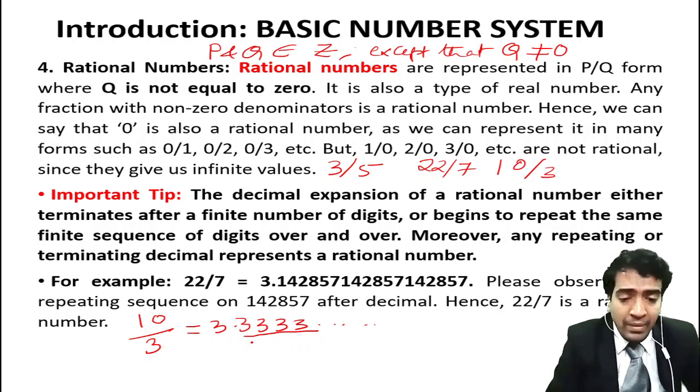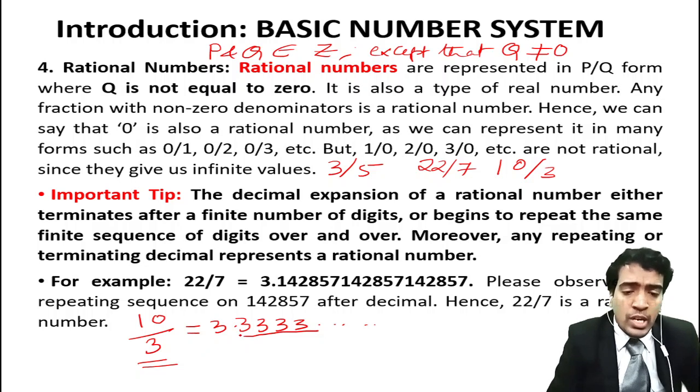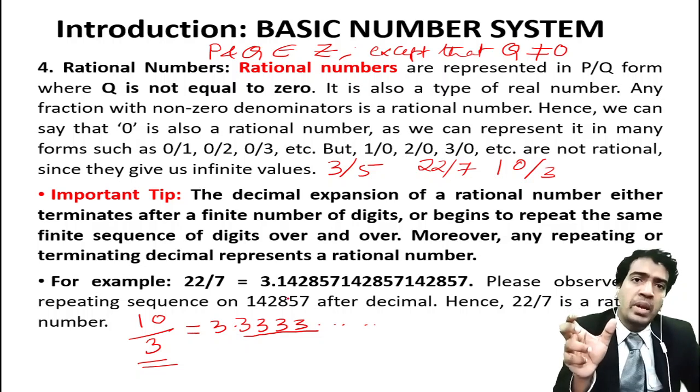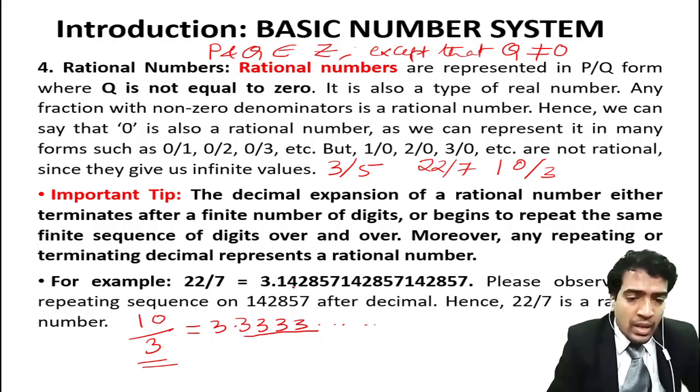So, if you have such a number after the decimal that is recurring, then you would call this a rational number. There is also another criteria. It need not be the same number being repeated. It can be a sequence of numbers being repeated. So if you look at the example of 22 by 7, the decimal expansion of 22 by 7 is 3.1428571428571, and you can see that 142857 is getting repeated.